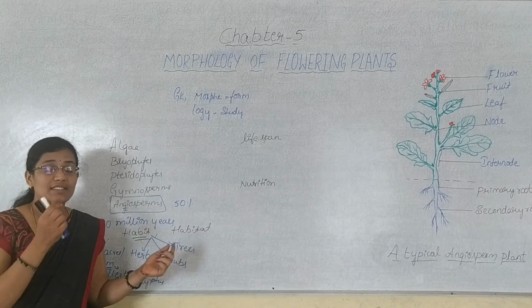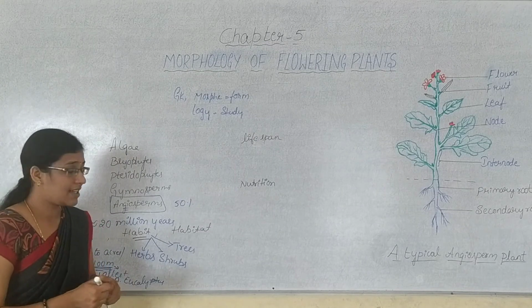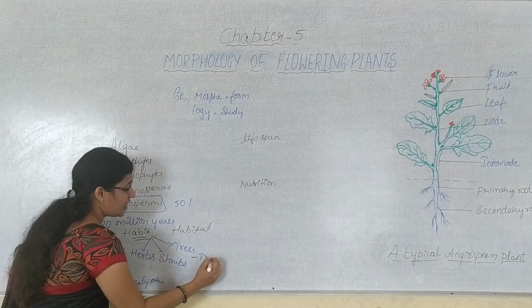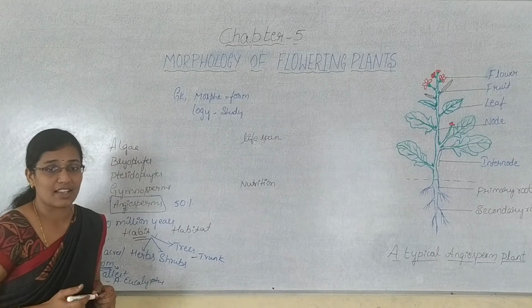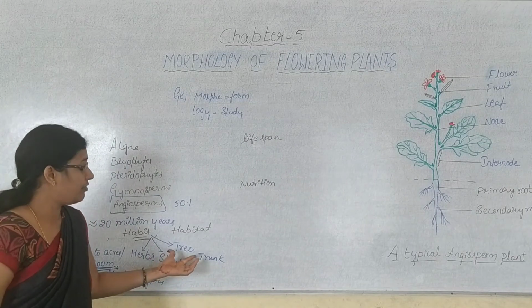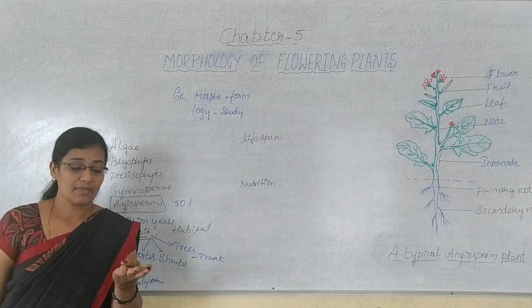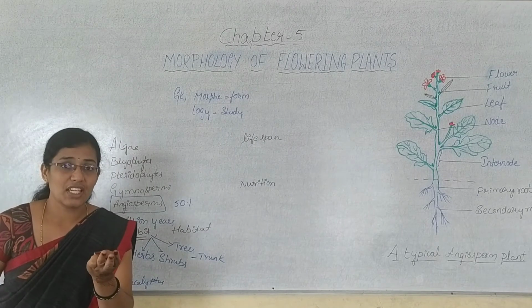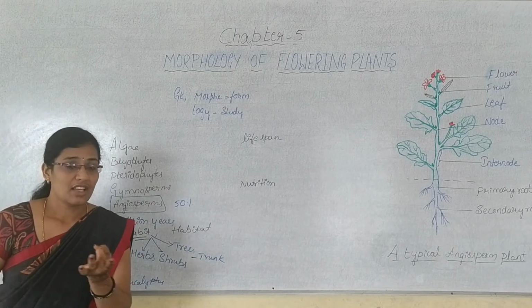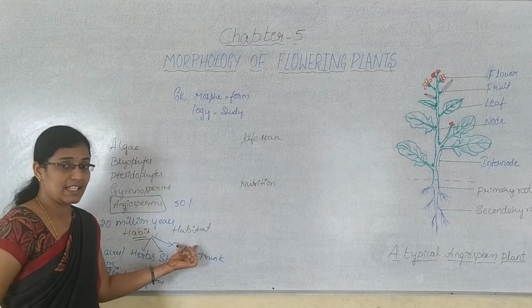And these woody stems are called as trunk. What do we call for that? It is called as trunks. Example for trees, mango tree, neem tree, and banyan trees. So these are examples for trees here.